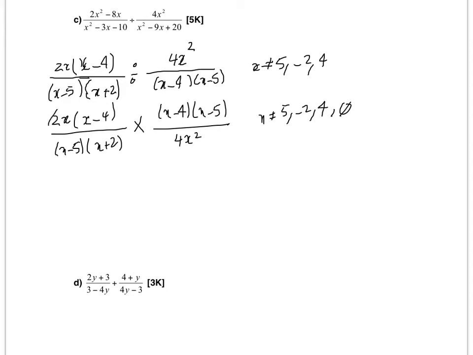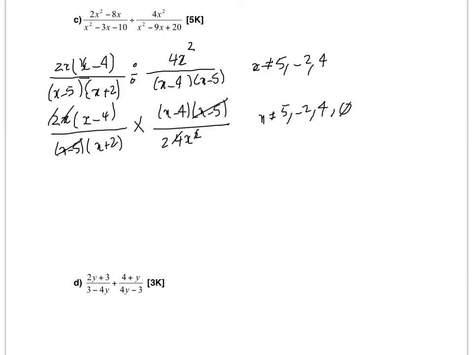First of all, 2 cancels with 4, so you get 2 here. X cancels with the square here. X minus 5 cancels with x minus 5. And remember, I can simplify all these numerators and denominators because I've already included the restrictions.